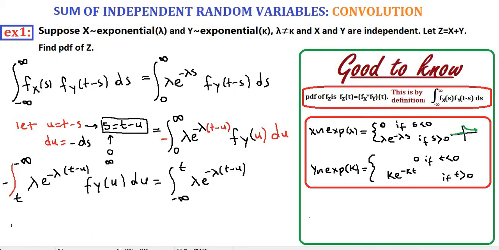And this means that the integration, the area under the curve, is from 0 to t, because this is the graph of the exponential Y density, and when we are finding the area under the curve, it is from 0 to t. So instead of fY(u), we're going to use this density function.